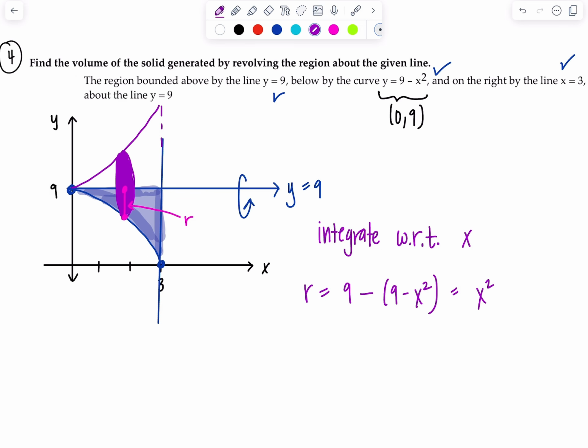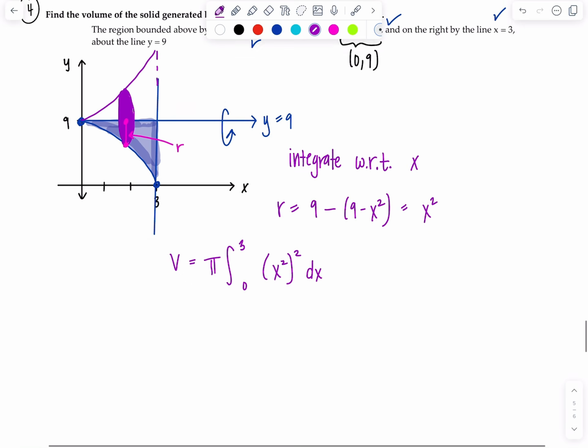All right, that's that. So volume equals pi. What are the limits of integration? They should be in terms of x, based on the original region. It lives from 0 to 3. And then we only have one radius, squared, dx. Not bad. See how the worst is certainly over.